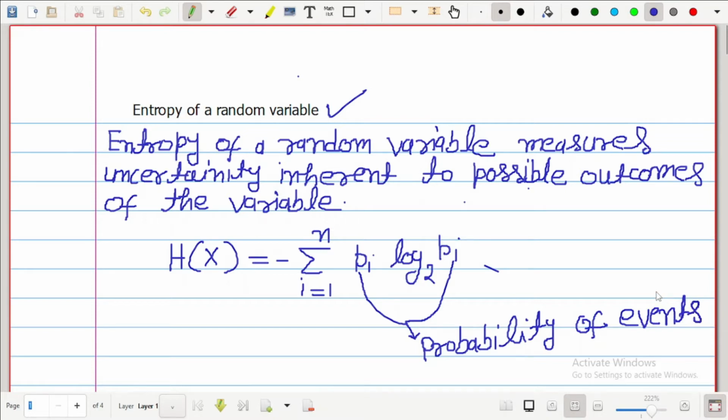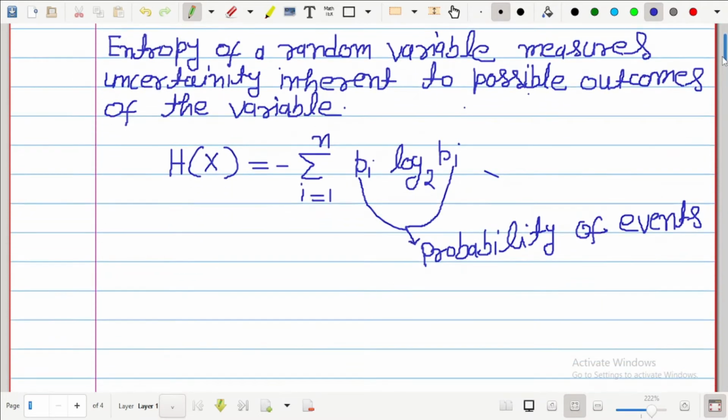So suppose that I am taking an example of tossing a coin. If you toss a coin, in the sample space you will get T and H, and I am defining a random variable X, which is defined as the number of heads.